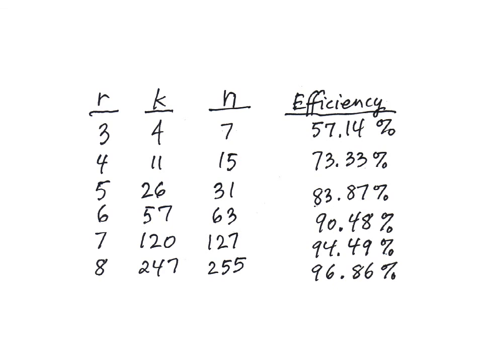You can have n equals 63, a 63-bit code word, of which only 6 bits are extra. Those are the parity bits, giving 57 data bits and 6 parity bits for a total of 63 bits. And that is 90% data and only 10% parity bits.